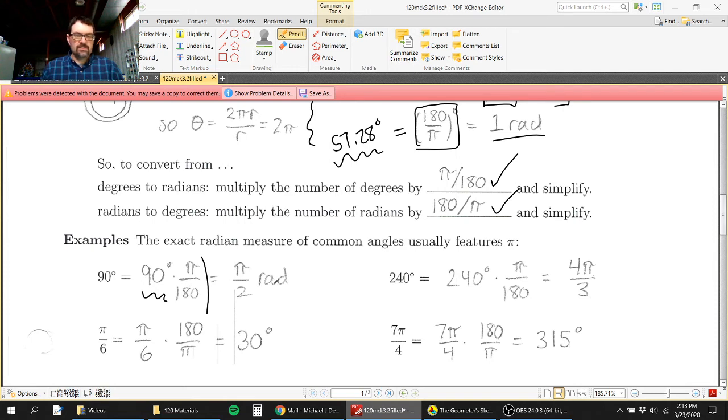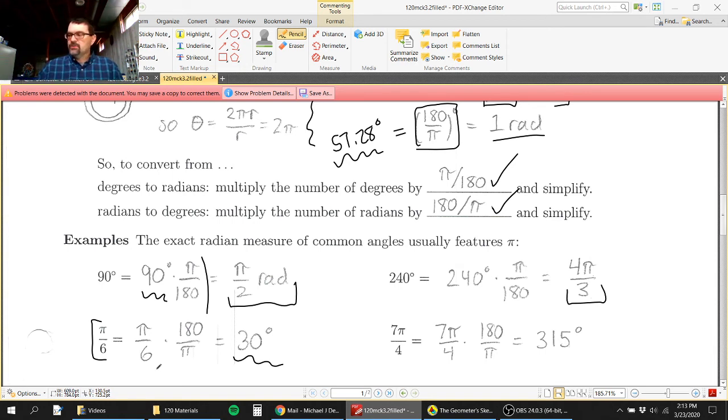So the degrees cancel and our result is in radians. If you simplify, you get pi over 2. Likewise, 240 is 4 pi over 3. Pi over 6, all right, is a measurement in radians. And if you multiply by 180 over pi, the pi's cancel, and we just get a nice 30 degrees like so. And you can see a similar sort of thing happening for 7 pi over 4.